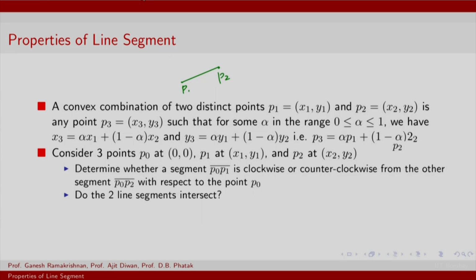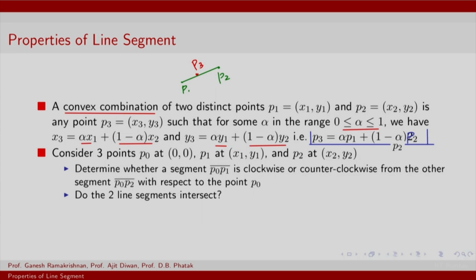Any point P3 that lies between P1 and P2 is understood to be a convex combination of P1 and P2, and the coordinates of P3 are convex combinations of the coordinates of P1 and P2, which is x3 equals alpha x1 plus 1 minus alpha x2 for some alpha between 0 and 1. y3 is alpha y1 plus 1 minus alpha y2. More generally we call the point itself a convex combination of the 2 points P1 and P2. So P3 is alpha P1 plus 1 minus alpha P2.